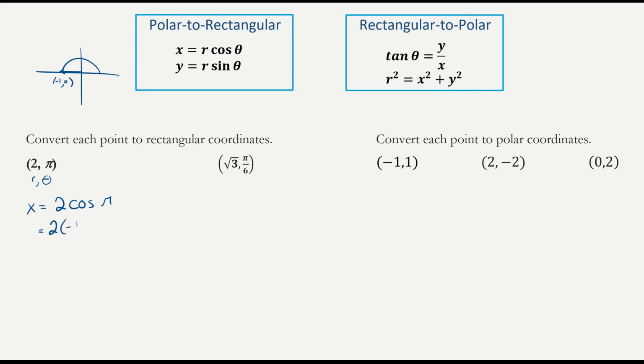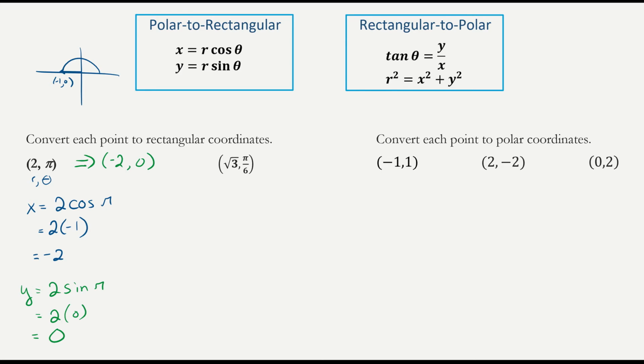So it's 2 times -1, which gives me -2. And the y value? y equals 2 times sine of pi, and sine of pi, according to that little visual, is 0. So that equals 0.